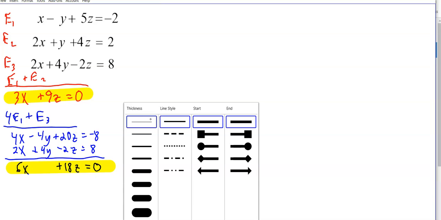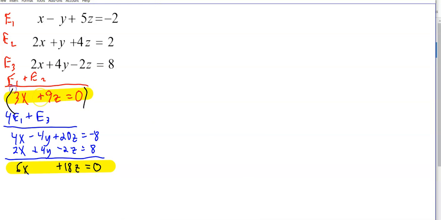That's going to be a piece of cake to solve, hopefully. So we're going to multiply that first one by negative 2. So if we do that by negative 2, we get negative 6x minus 18z equals 0. And the second equation would be 6x minus 18z equals 0, or sorry, plus 18z.